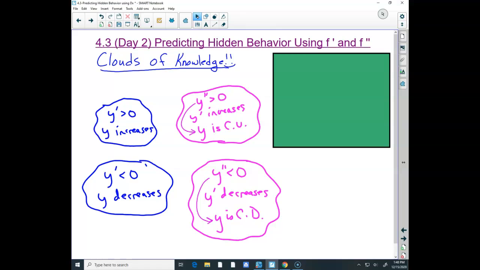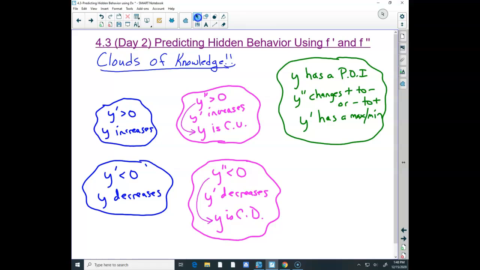We also know a little extra tidbit here. If y has a point of inflection, we know y double prime changes from positive to negative or negative to positive. Graphically, that means concave up to concave down, or concave down to concave up.